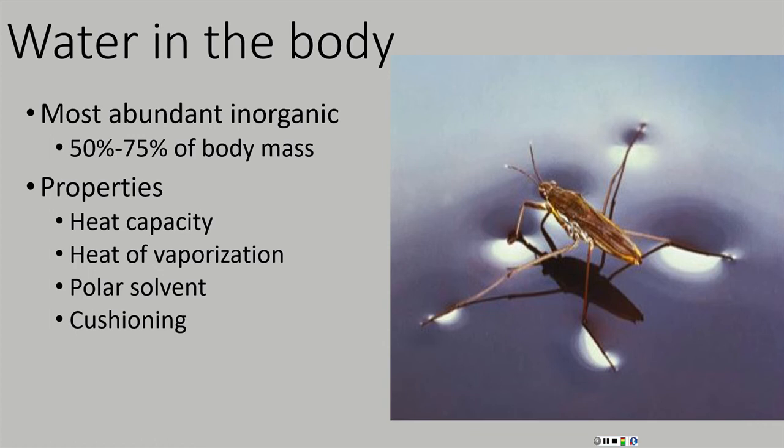Let's apply that to the body. When you are warm, when you start to get too hot, what do you do? You sweat. We start to put liquid on the surface of our body in the form of sweat, and that sweat is mostly water.